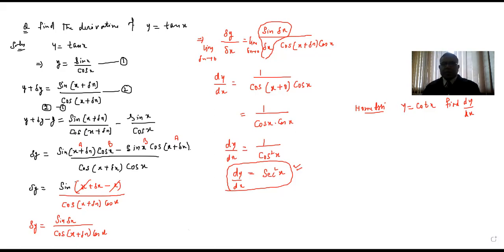Fine. Next is, find the derivative of y is equal to 1 over ax plus b.